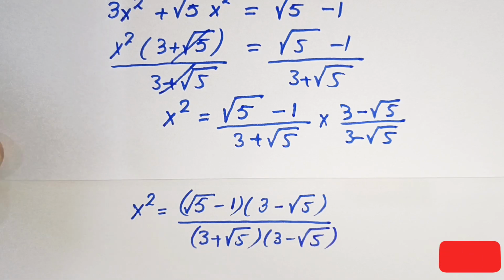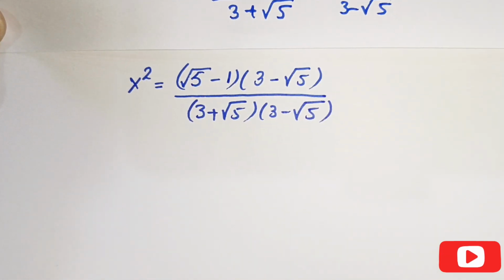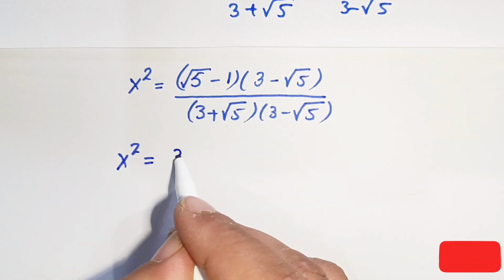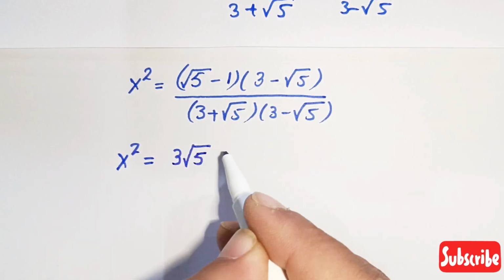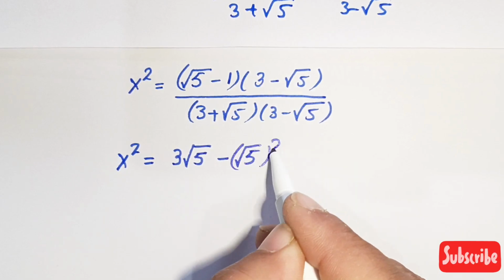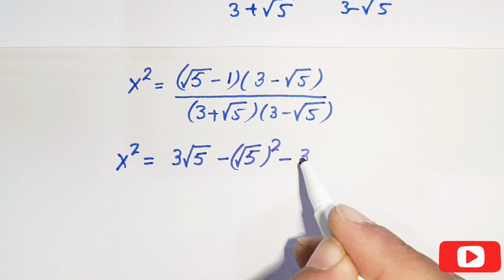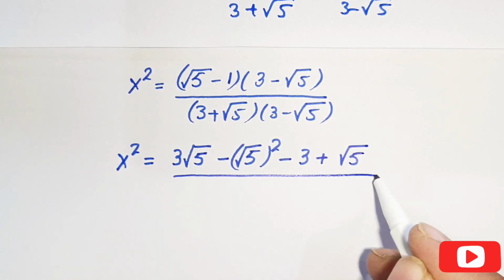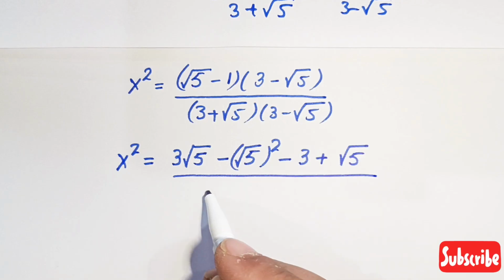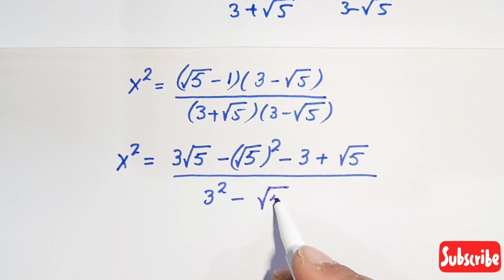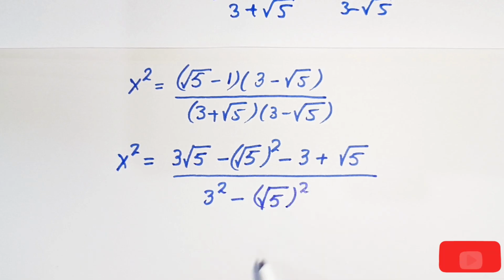So now x squared is equal to square root of 5 times 3, which is 3 times square root of 5, and minus square root of 5 whole squared, minus 3 times 1 is 3, and plus square root of 5, all over, it is a plus b times a minus b, so we get a squared, which means 3 squared, and b squared is square root of 5 whole squared.